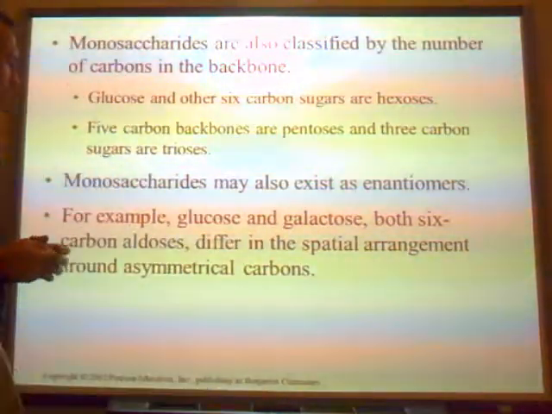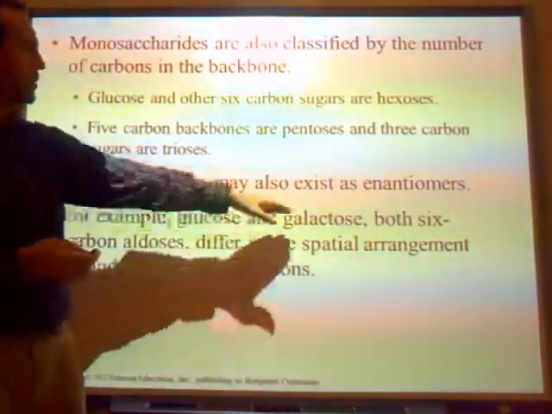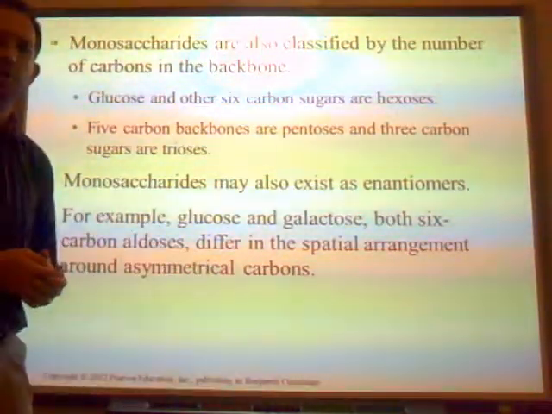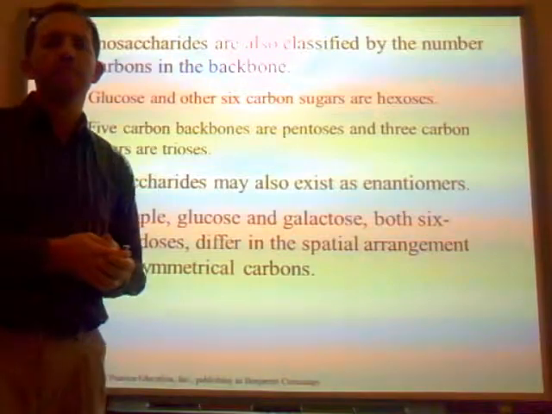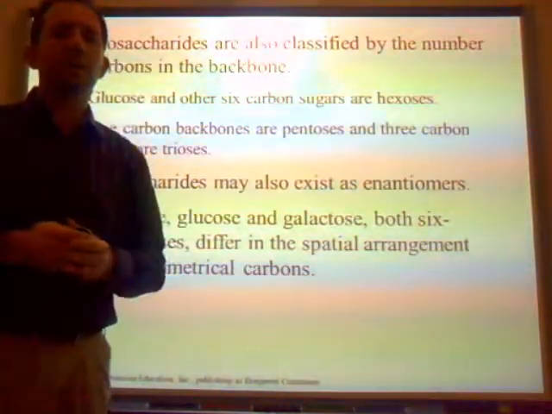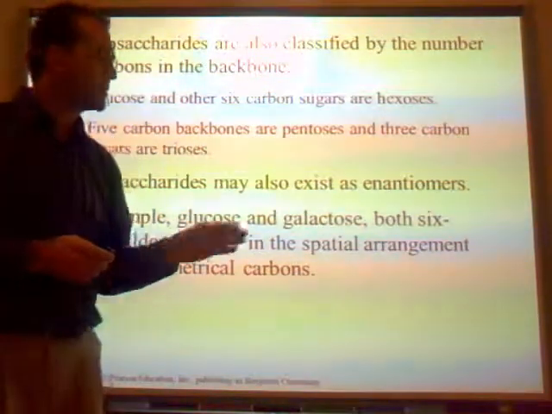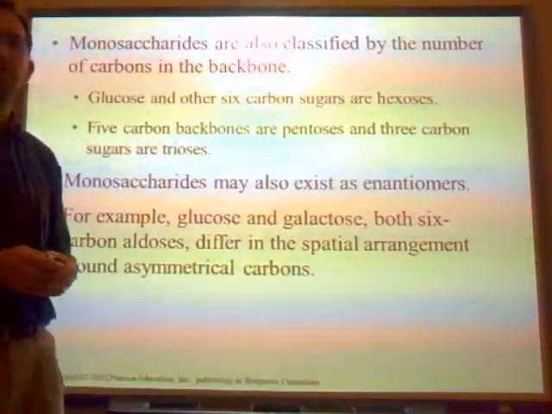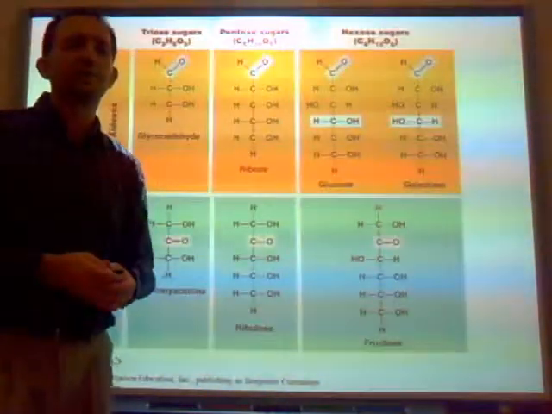They have different spatial arrangements. So glucose and galactose would be examples of that. They're both 6-carbon aldoses, so they're going to be monomers that end in the carbonyl, but their spatial arrangement is going to allow them to have different functions and actually be different molecules.